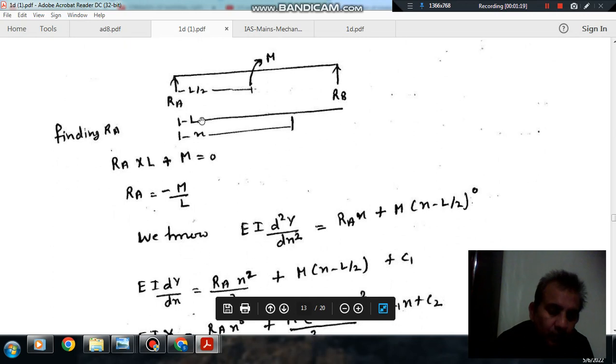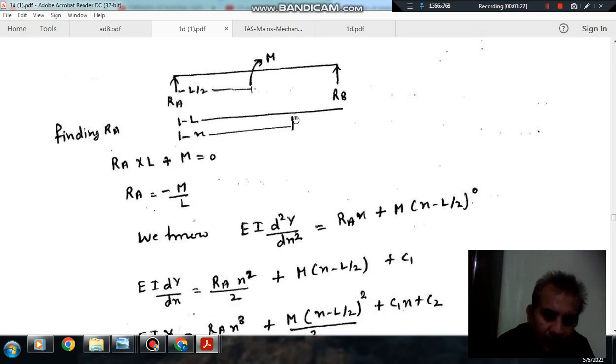So now using Macaulay's method, EI d square y by dx square is equal to Mx is RA into x, as the effect of RA in the moment is on the whole section throughout x, and effect of M is only on this section. So while taking M, we will introduce M x minus L by 2 raised power 0.